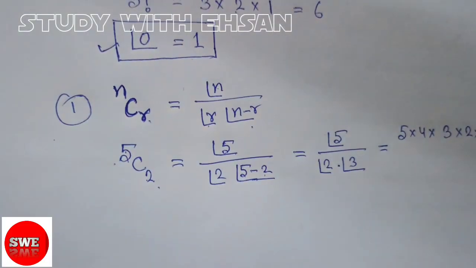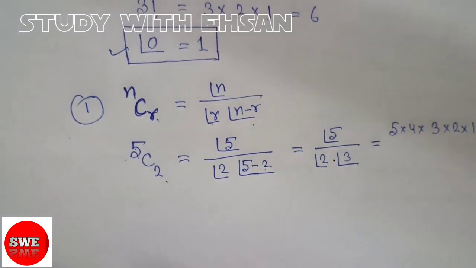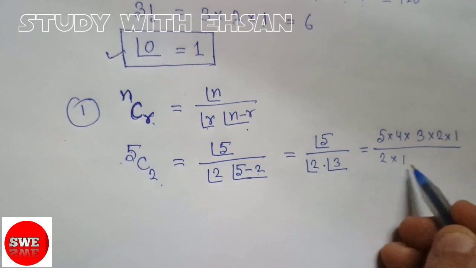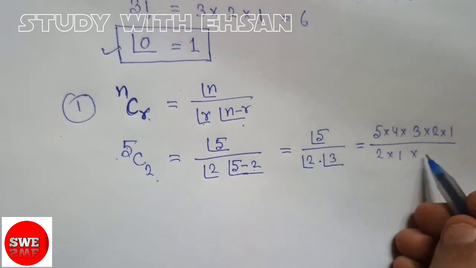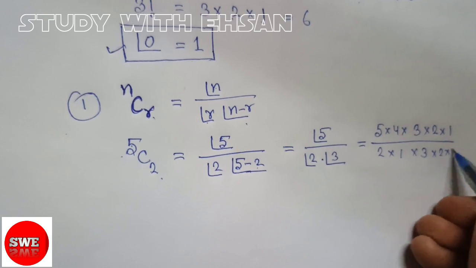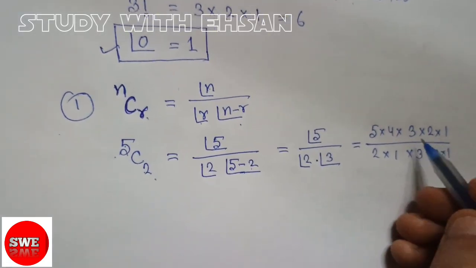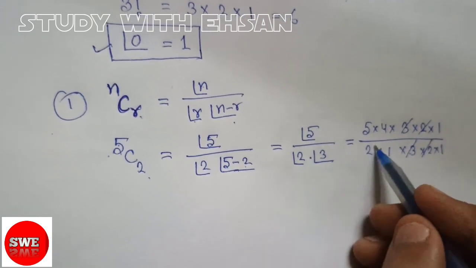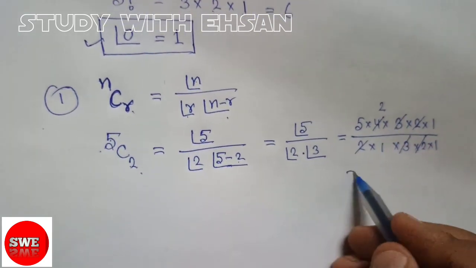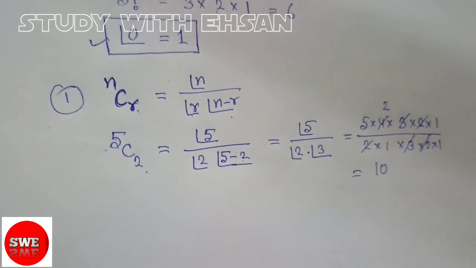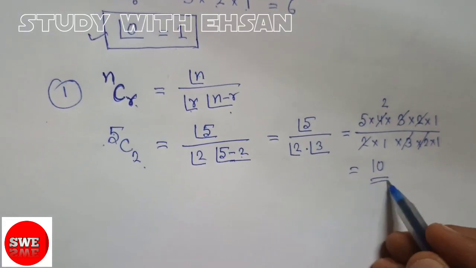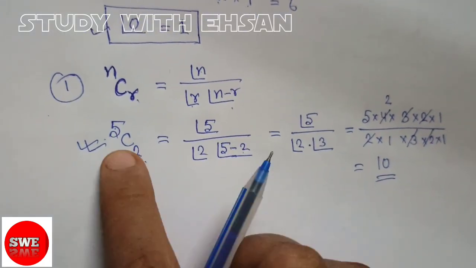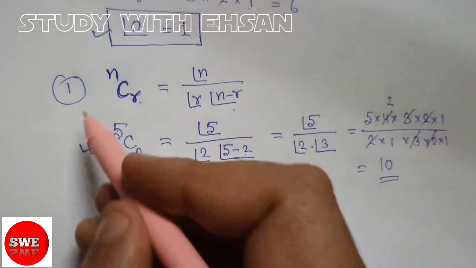And you can write below, in the denominator, factorial 2, which is 2 into 1, and again there is factorial 3 also, which is 3 into 2 into 1. Clear? And now you can cancel: 3 and 3 cancel, 2 and 2 cancel, and what remains? These 2 twos are 4. Then what is 5 into 2? It is 10. Then 10 is the value of what? 5C2.